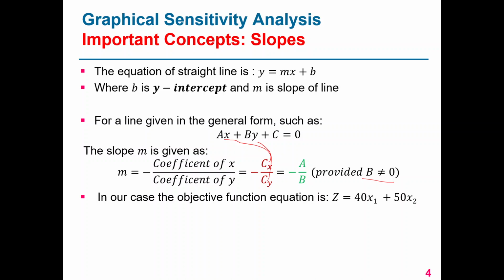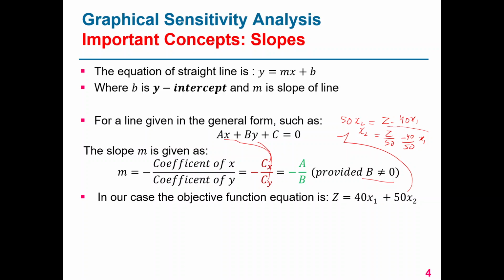So let's apply this on our objective function. This is our objective function. We can rearrange our objective function as 50x2 equal to z minus 40x1, or x2 is equal to z by 50 minus 40 by 50 x1.